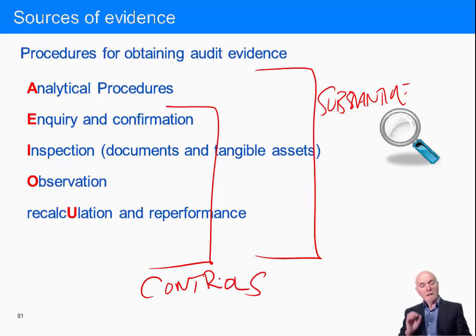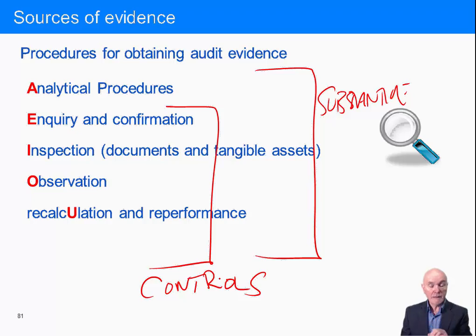Okay. We said analytical procedures was essentially ratios, or maybe comparing this year's to last year's figures. There's nothing in that which allows you to determine whether somebody is really properly authorizing invoices or timesheets or the like. You can, however, inquire if people are operating controls properly.